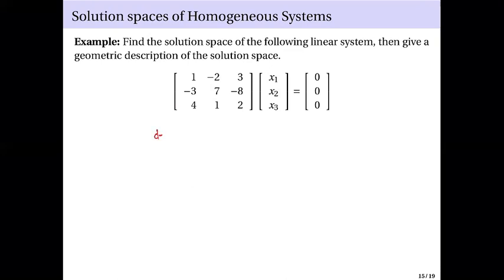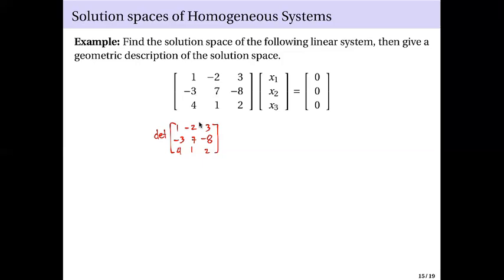So determinant of that matrix, 1, negative 2, 3, negative 3, 7, negative 8, 4, 1, 2. I want to show that the determinant is not equal to 0. Because if that's the case, this matrix is invertible.